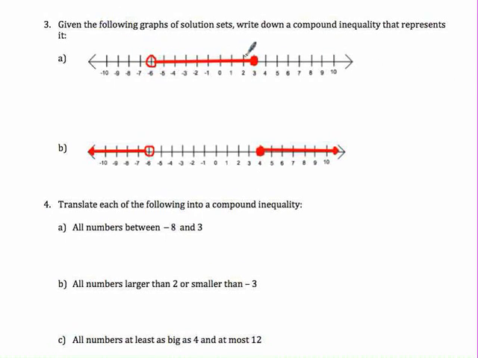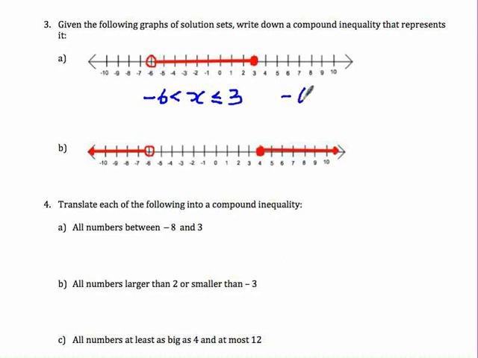Okay, moving on to our second page of exercises. This time we are given the graph and are asked to write the compound or combined inequality. Here we have minus 6 as our starting value. X is larger than minus 6. It is simultaneously smaller than or equal to 3.